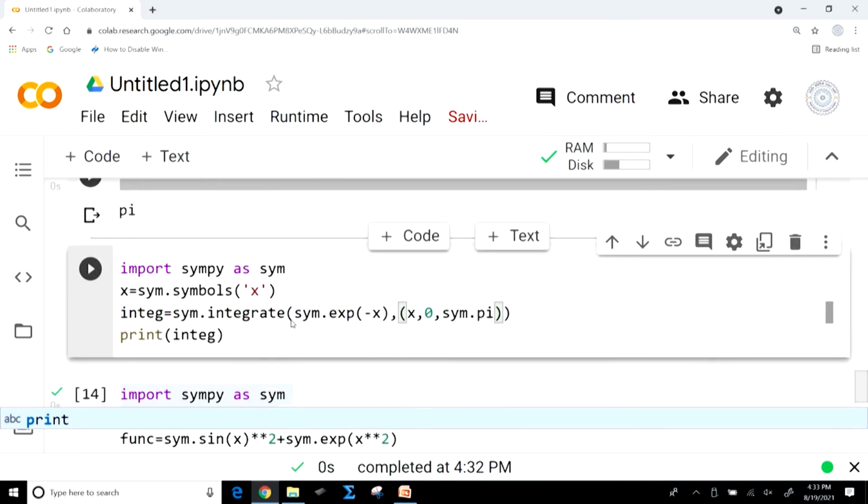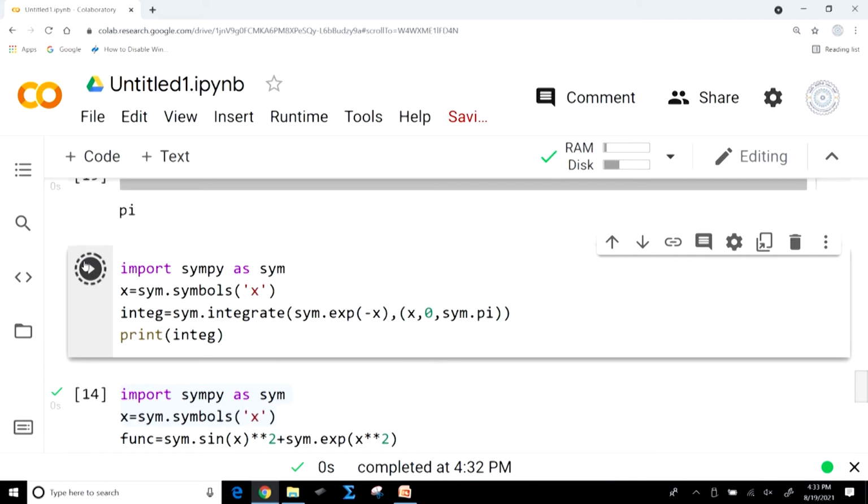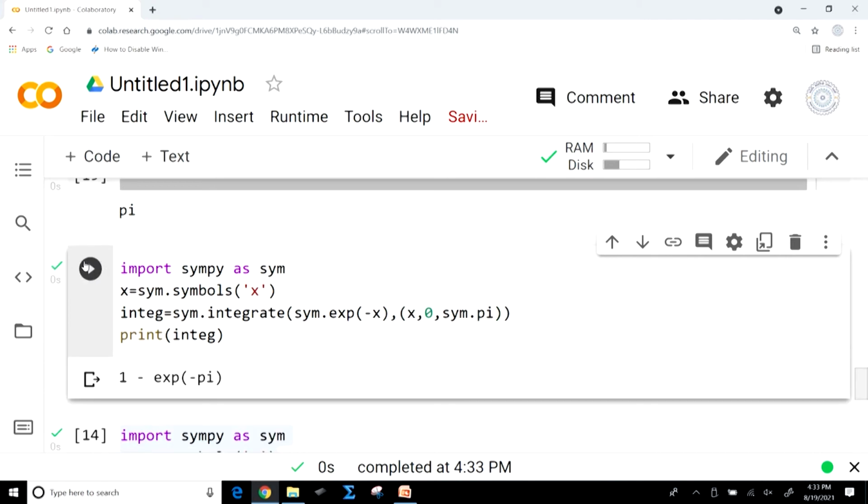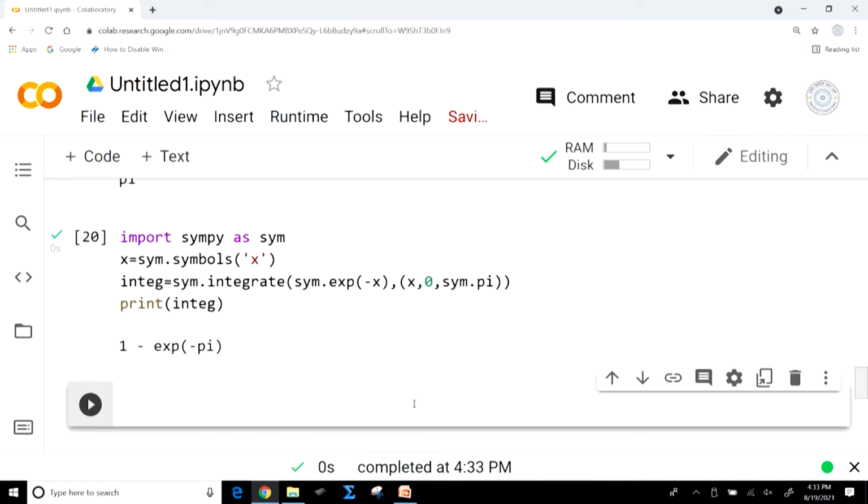If you run it, this is the value you will get: 1 minus e raised to power minus pi. So, this is how we can get integral, whether it is a definite integral or indefinite integral. We can easily find it out using this Python library, which is SymPy. Now, suppose you want to find out some limit of a function.